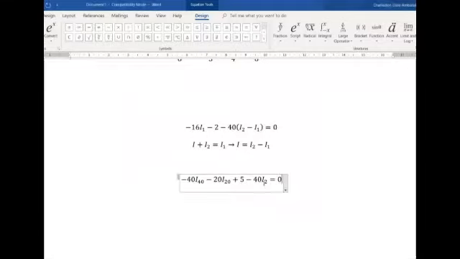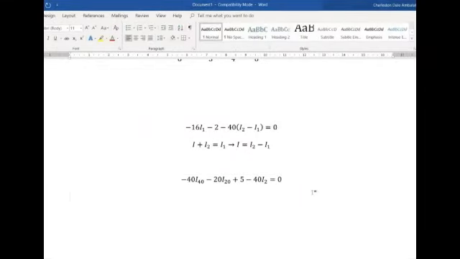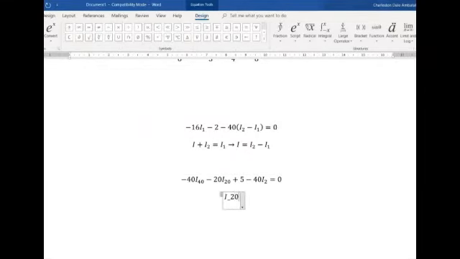The sum of the currents going in is equal to the sum of the currents going out, and we isolate I20. It's equal to I2 minus I3. So we substitute that in this expression right here.